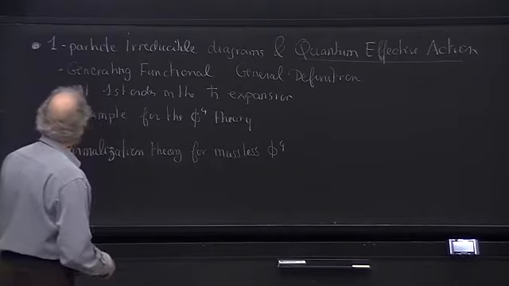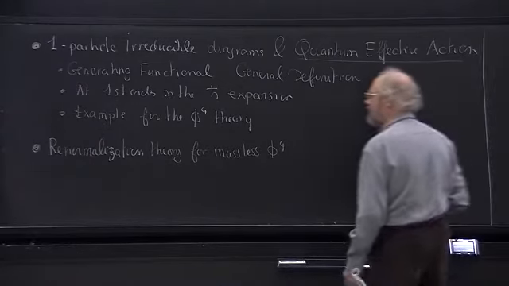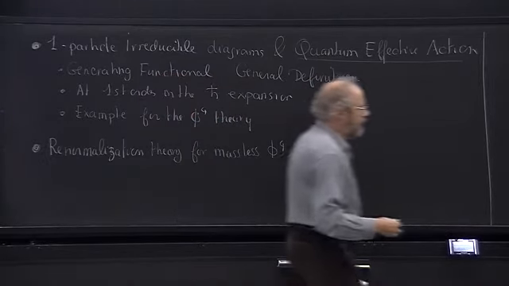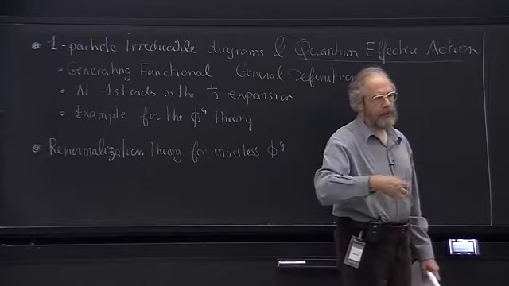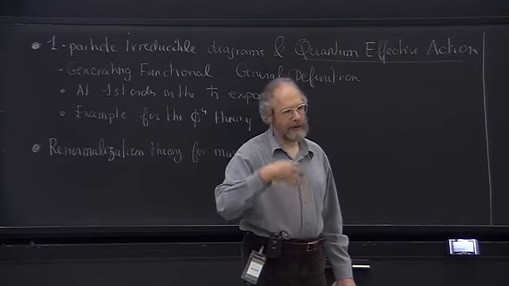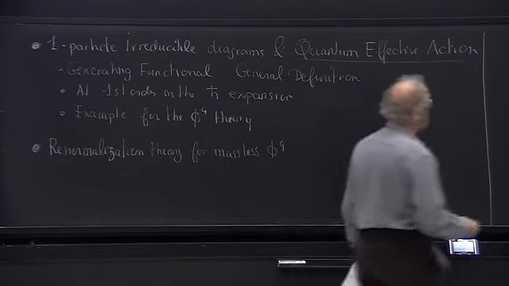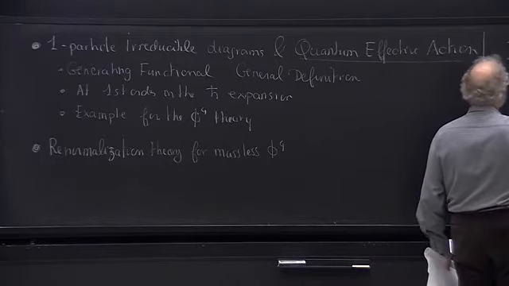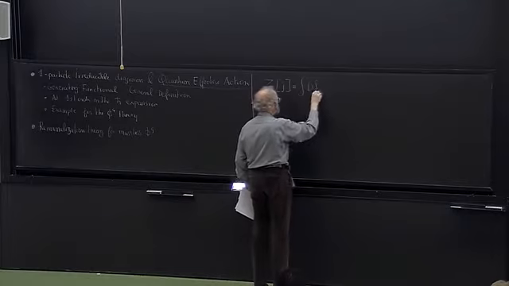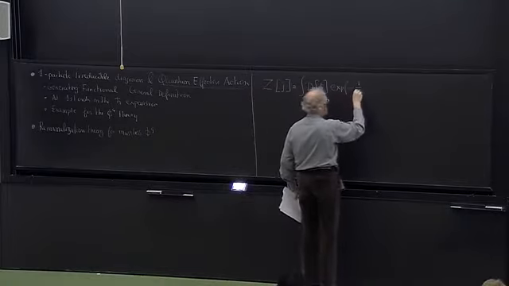Okay. So we have seen first yesterday that you can encode all the correlation functions, the expectation values in the vacuum of products of field operators, in a generating functional which is Z of G, which is defined in a path integral formula as the integral d phi exponential of minus 1 over h bar.